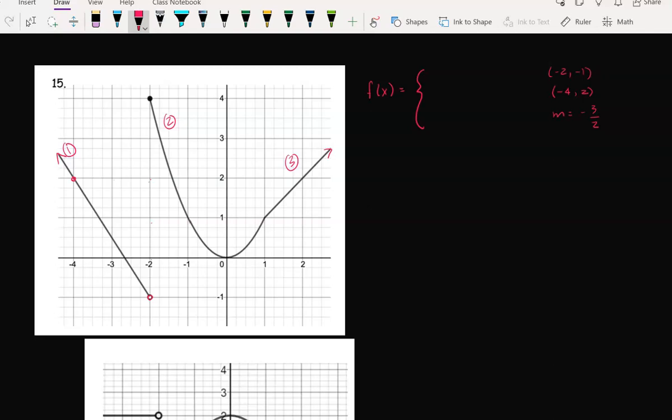I'm just going to put it in slope-intercept form, mx plus b, remember that. And I'm going to use one of the points. I'm going to use the first one, and -3/2. Use the x plus b. Well, wasn't it nice when we did linear functions? Do you remember -1 equals -3 plus b, and b equals +3 plus 3, 2, right?